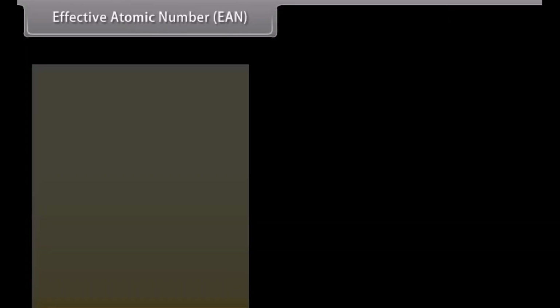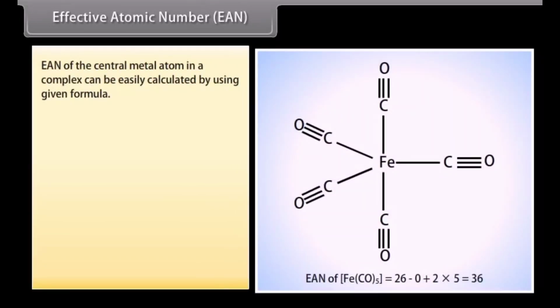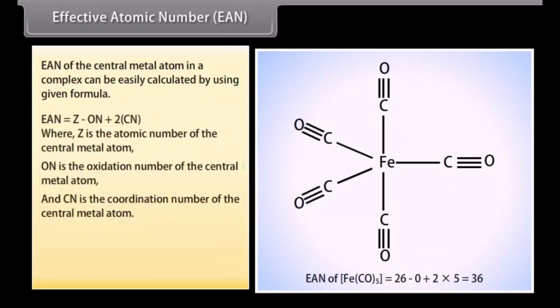Effective atomic number, EAN. The effective atomic number of the central metal atom in a complex can be easily calculated by using the given formula. EAN is equal to Z minus ON plus 2Cn, where Z is the atomic number of the central metal atom, ON is the oxidation number of the central metal atom, and Cn is the coordination number of the central metal atom.